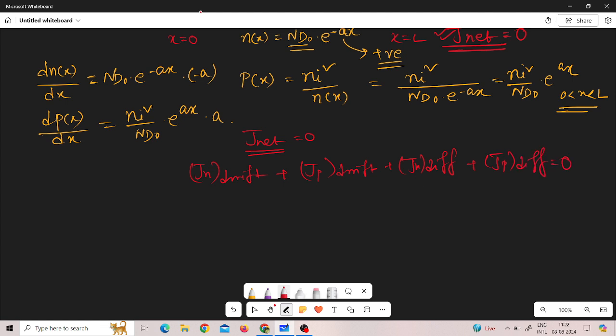So these are all the current components. Now as we only talk about the majority carrier concentration, we will set the minority carrier part to 0.